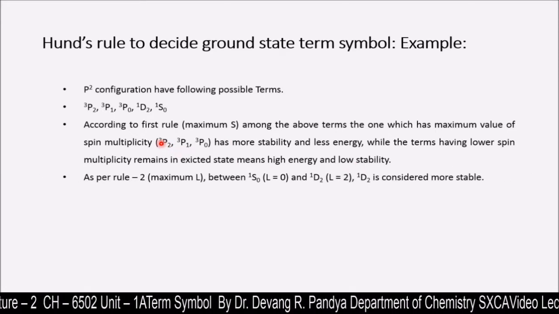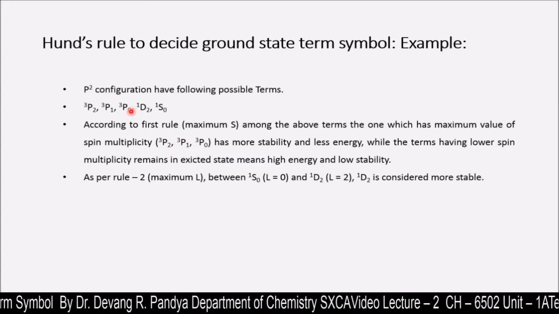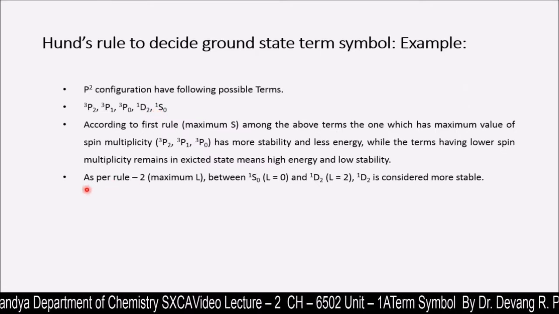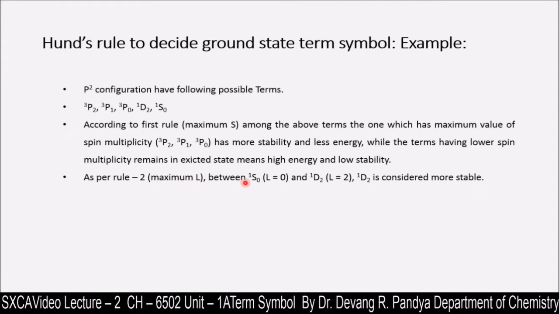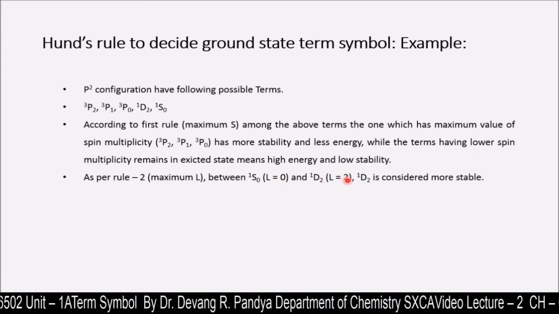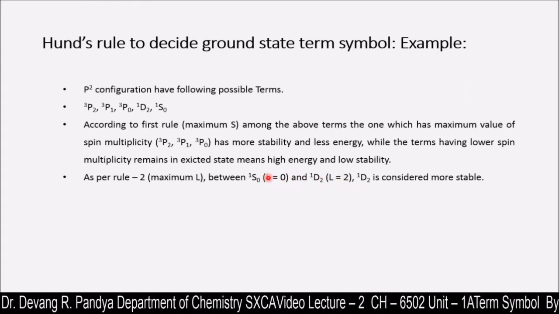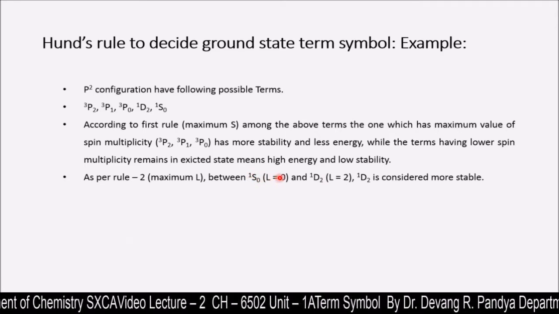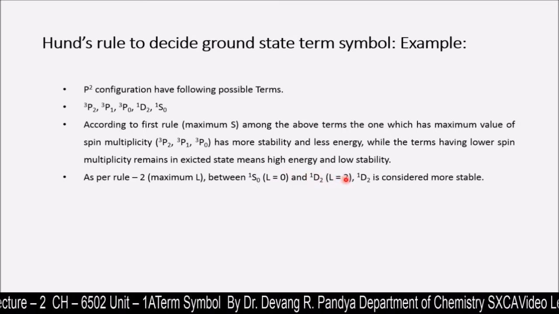Now here you can see that the spin multiplicity is similar, and the values of L for D and S are different. So we can apply rule 2, that is maximum L. Between this singlet S and singlet D, we have two different values of the resultant orbital angular momentum quantum number L. For singlet S, the value of L is 0, and for singlet D, the value of L is equal to 2.